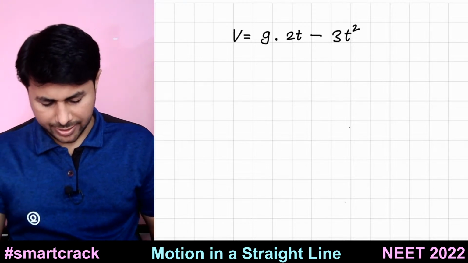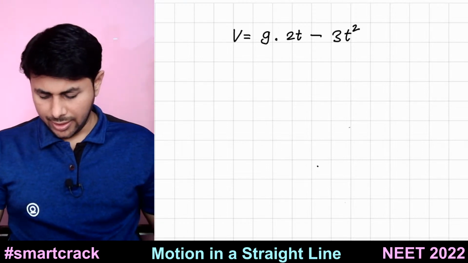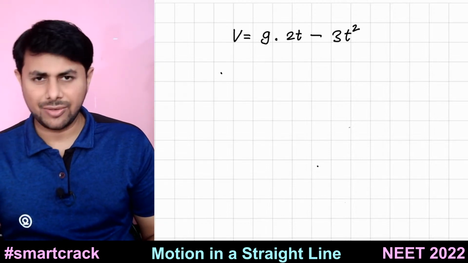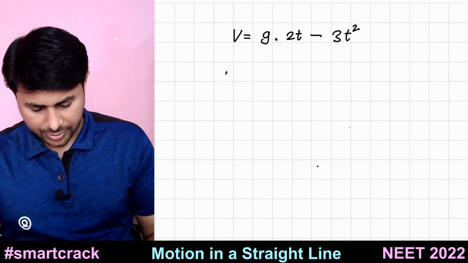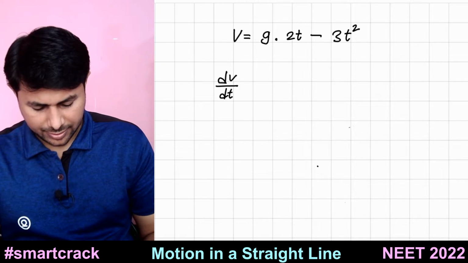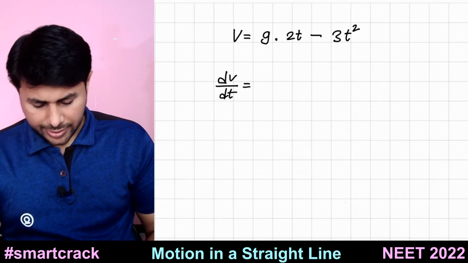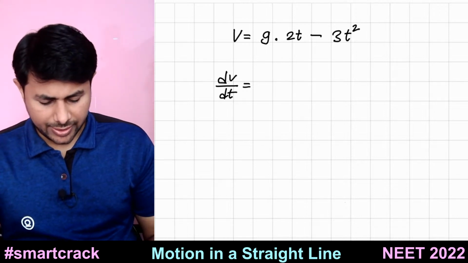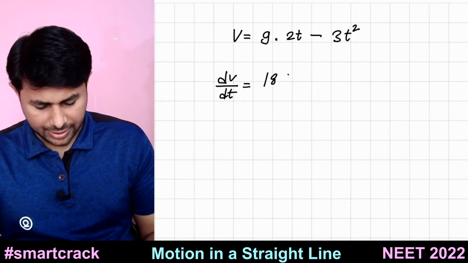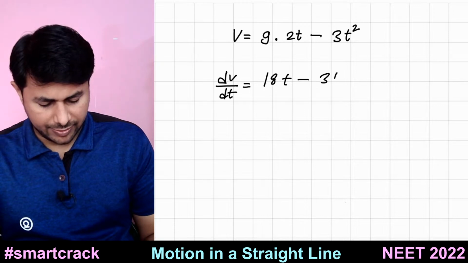Okay, I want maximum speed. So now what I will do is I will take one more derivative, dv by dt. So if you take dv by dt, what do you get? This is 9 times 2, 18t minus 3t square.